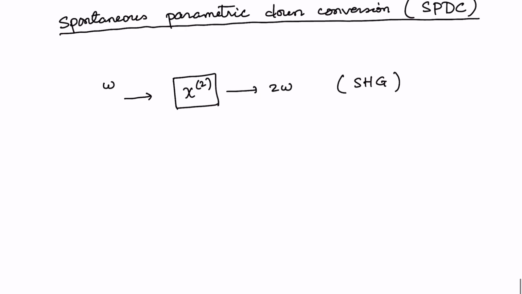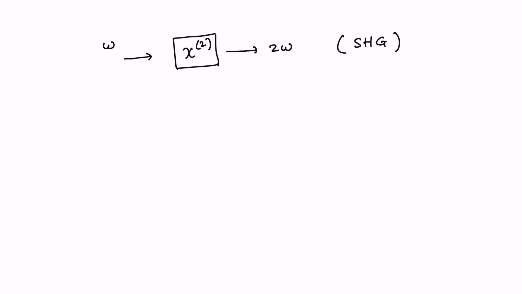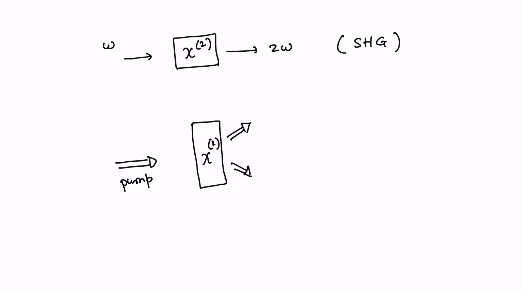In the case of spontaneous down conversion, which is also a nonlinear optical process, again you have a chi2 crystal, a nonlinear second order crystal, and in this crystal a very strong, very high energy pump signal is incident on the crystal, and this pump photon spontaneously splits into two low energy photons, called signal and idler.